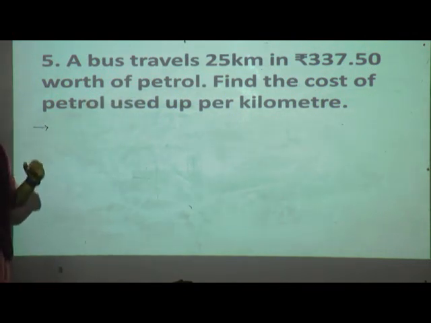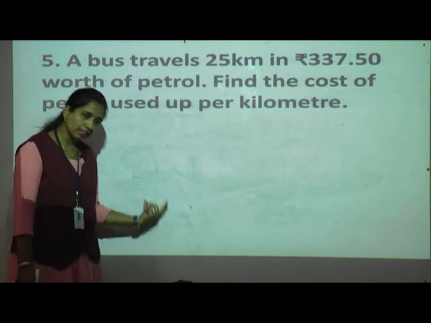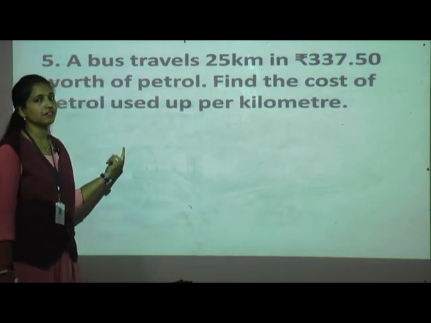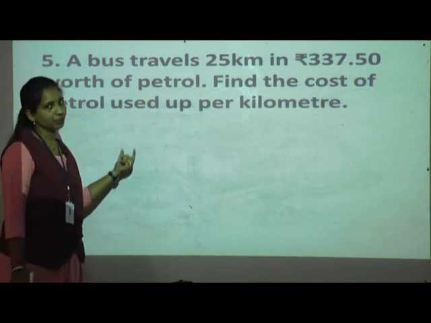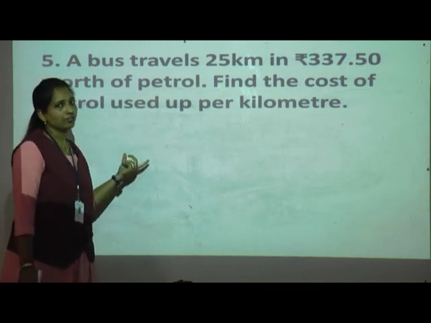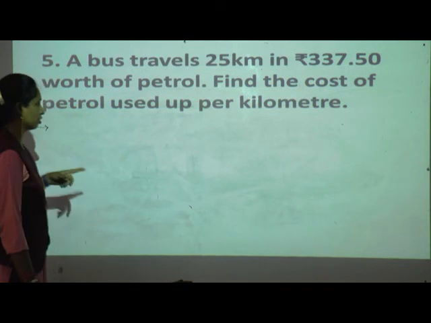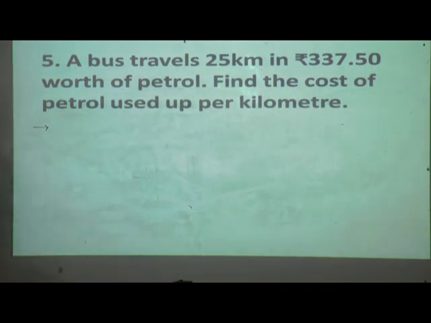So remove the decimal point and solve the division. Whatever quotient comes, give the decimal point from the right side after 2 places. Whatever answer comes will be the cost of petrol used per kilometer. Clear? Yes, very easy. Now next example.